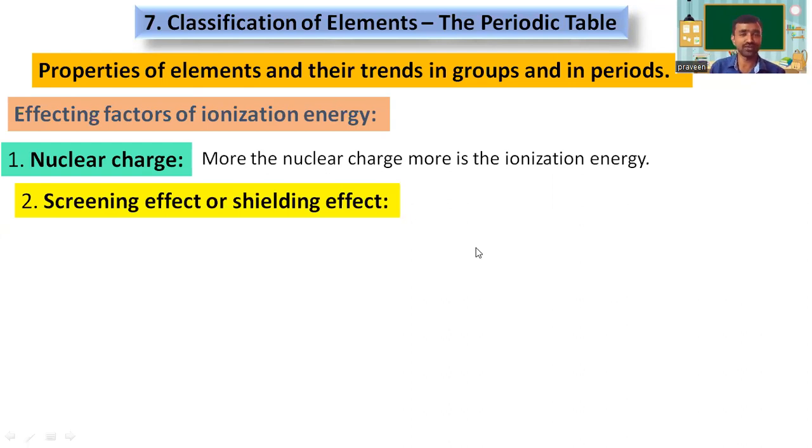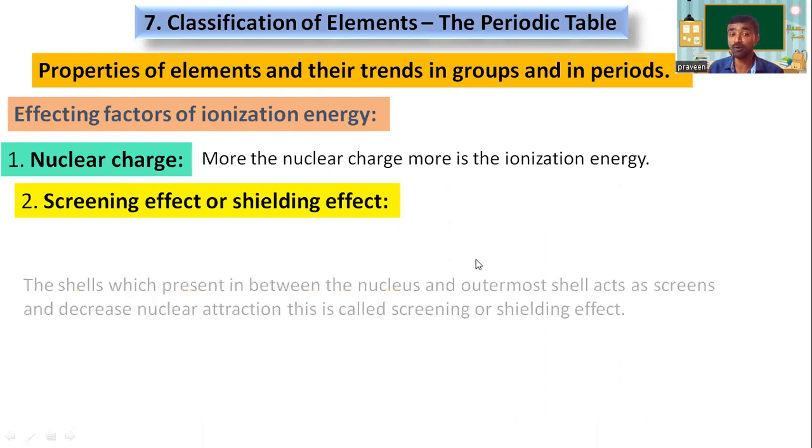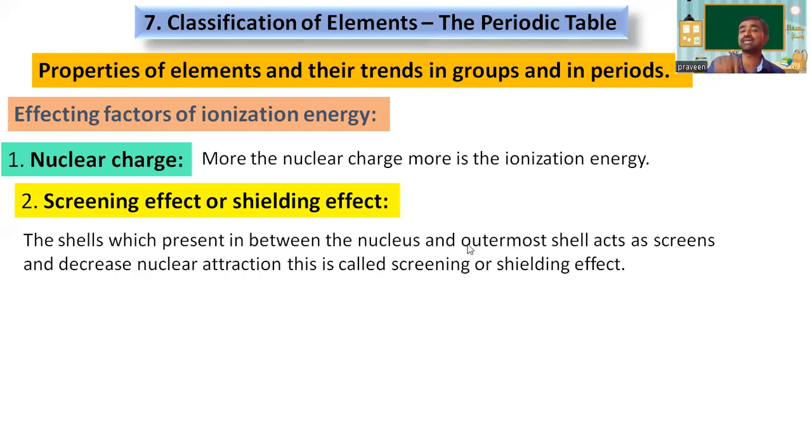So as the number of shells increases, the attraction power of the nucleus on the valence shell automatically decreases. Right? That is called the screening effect or shielding effect: the decrease of nuclear attraction power due to the increase in the shell count.